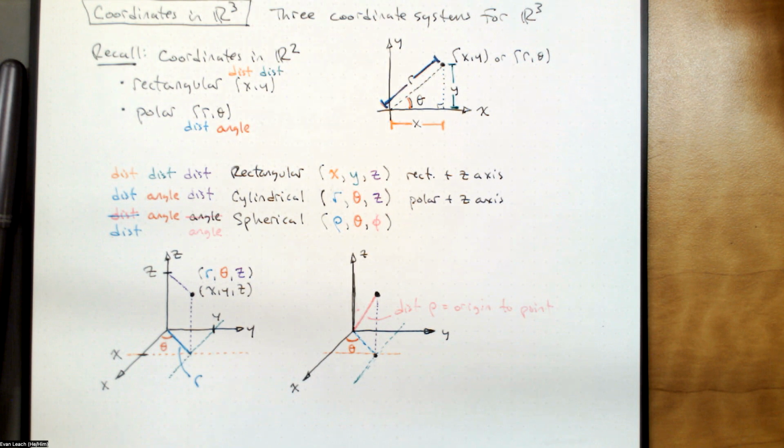First is measured from the positive x-axis. I turn towards that point. And then the second angle is going to be measured from the positive z-axis down to the point. That's where phi is going to go. Phi is measured from the positive z-axis.